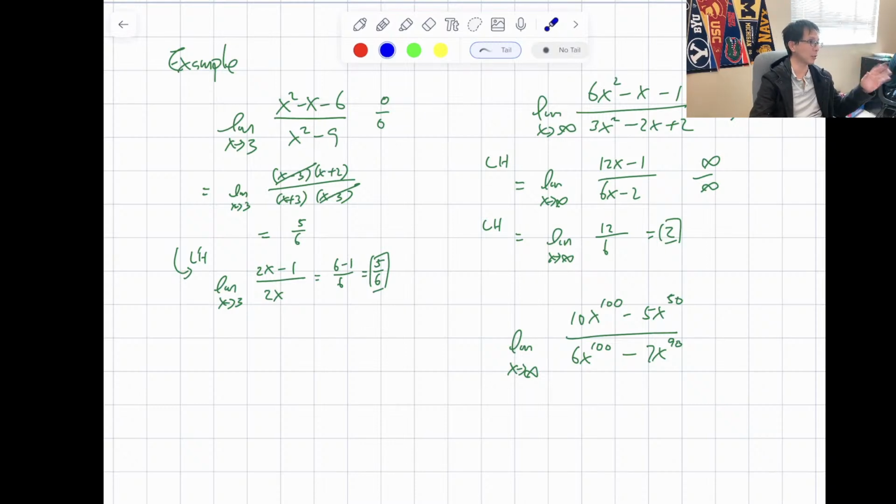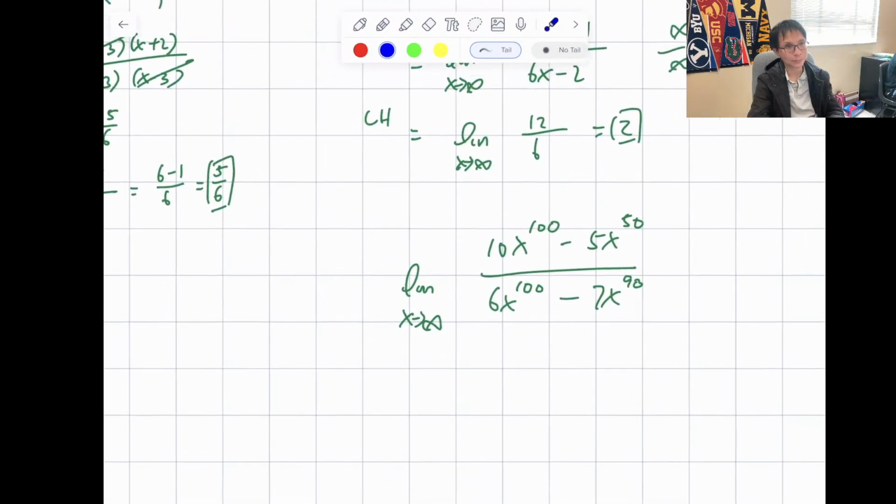I'm trying to tell you, the L'Hopital rule is not the best in certain situations, especially those higher degree polynomials, or something to do with radicals, because taking a derivative of a radical is really painful. It's the same degree, you could just do the numbers. Yeah. Well, technically, you're supposed to do this, though.